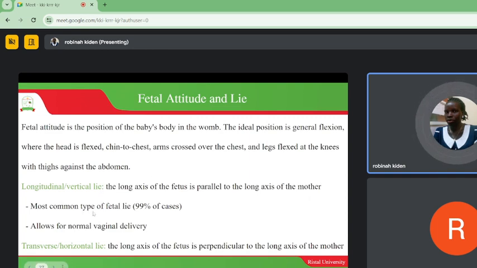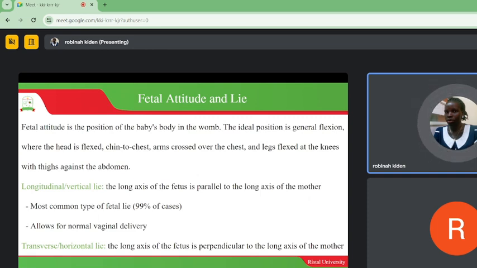It is the most common type of fetal lie, 99% of cases, where the long axis, the spine of the fetus, is lying parallel with the spine of the mother. There is no crossing. This is how it is supposed to be. This allows for normal vaginal delivery without any complication.